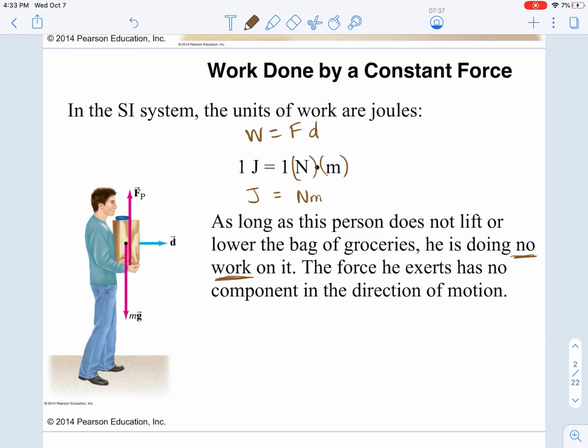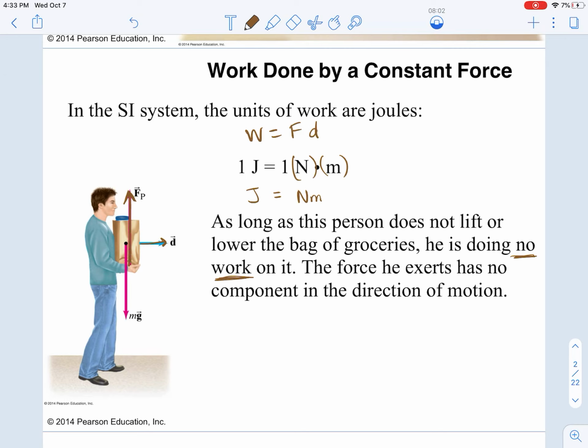So let's look at this. He's carrying the bag so that the object experiences a displacement, in this case forward or to the right, according to our picture. Now, what force is the man applying onto the bag? He is responsible for applying this force right here. This is the force that comes from the man.